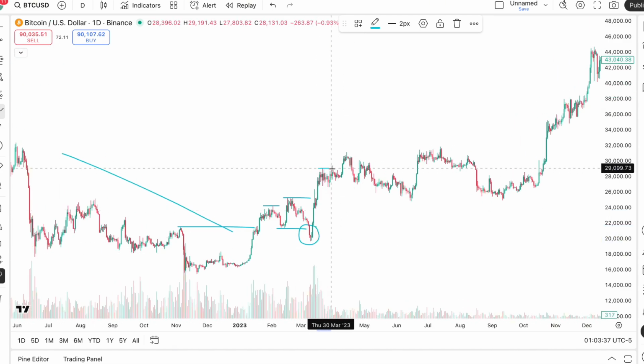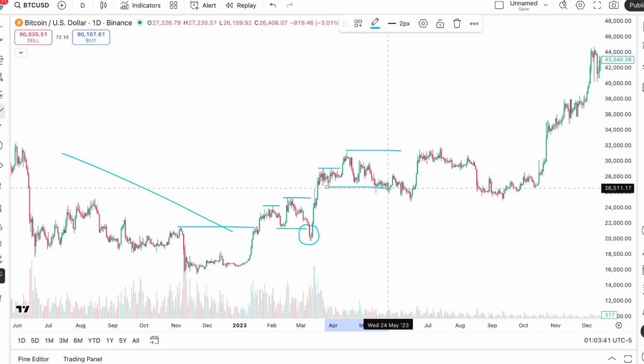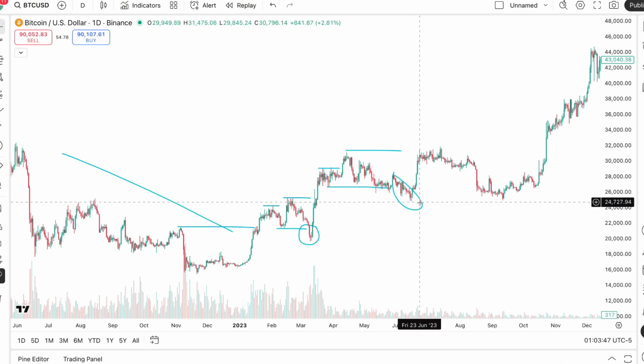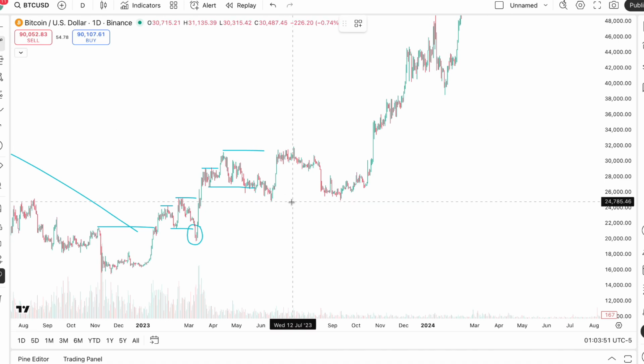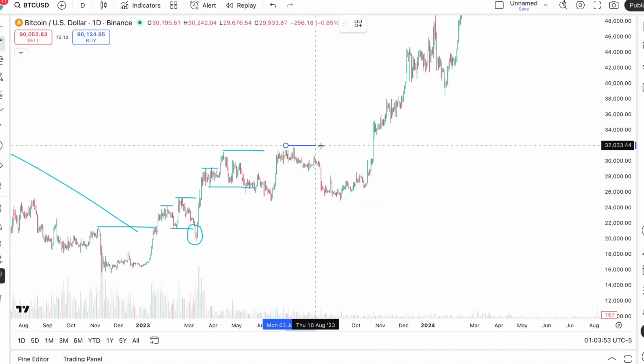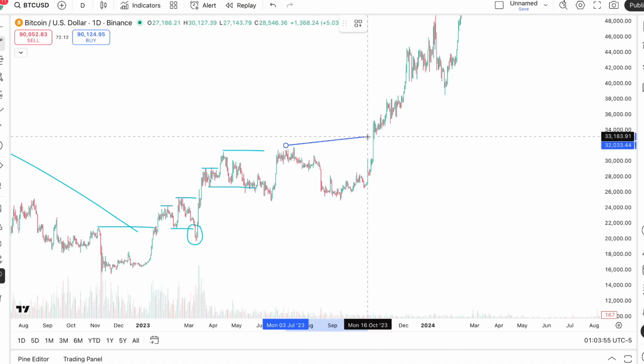And then overall it started making higher highs. It took out that low, messed around here for a little bit, but then overall it started continuing.